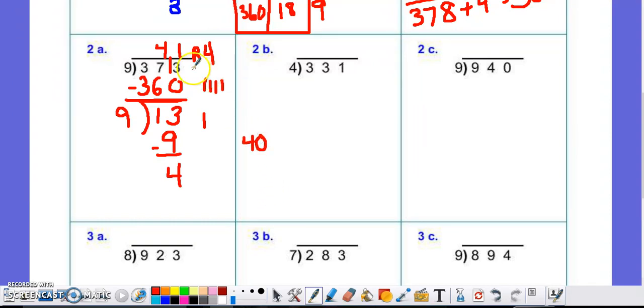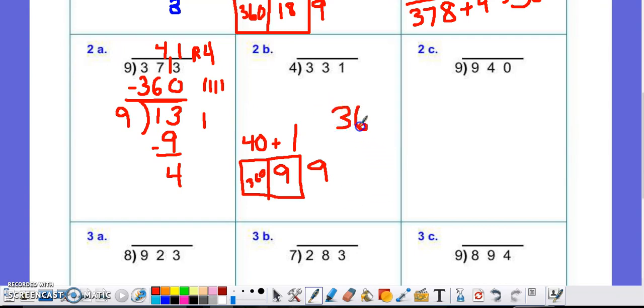Expand your quotient. 40 plus 1 times your divisor, 9. Whatever your answer is, 9 times 1 is 9. 9 times 40 is 360. I add it together, so that's 369 plus my remainder of 4, which is 373.